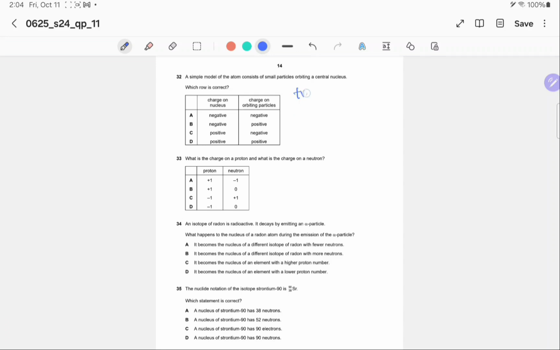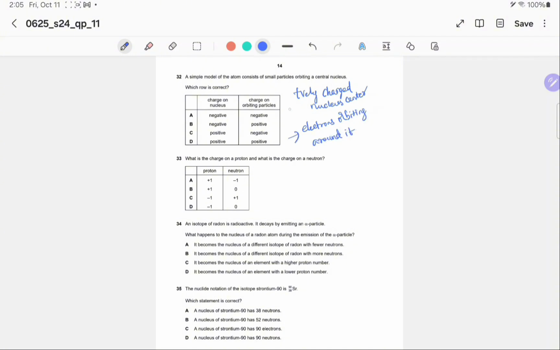So positively charged particles in the nucleus, which is in the center, and electrons orbiting around it.